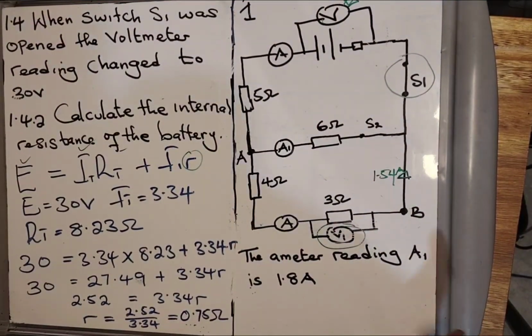So this is what we get after computation, and our internal resistance has been found to be 0.75 ohms.